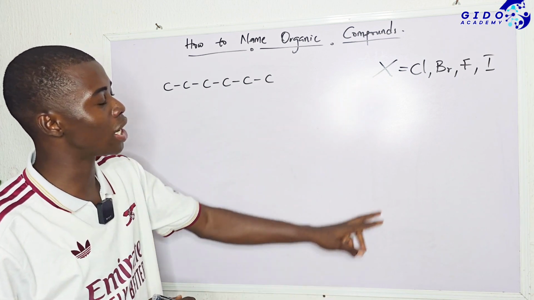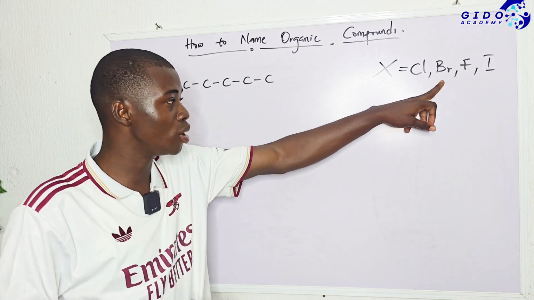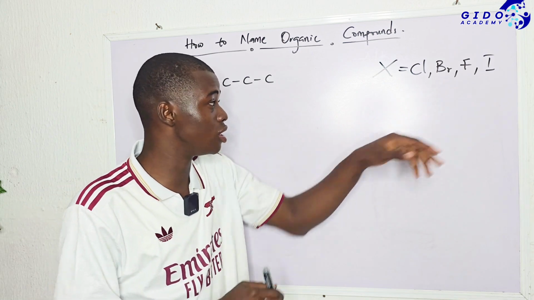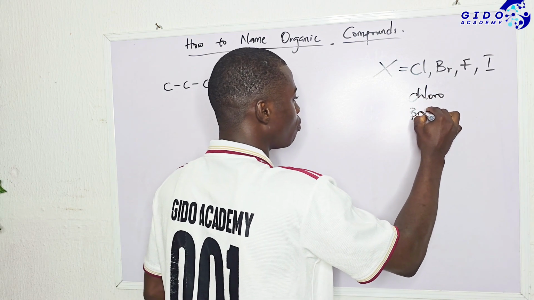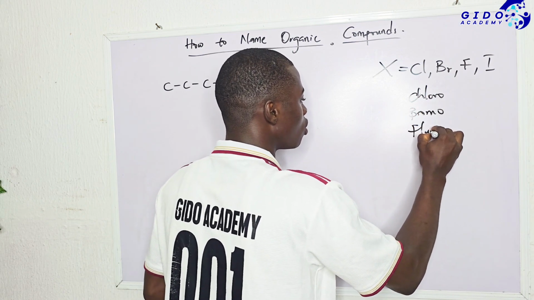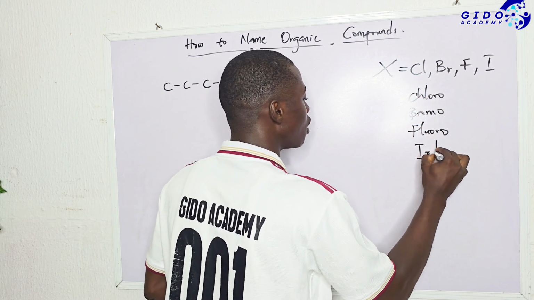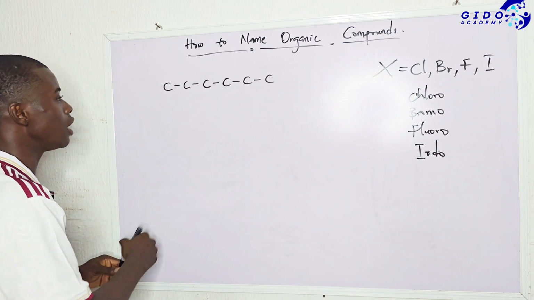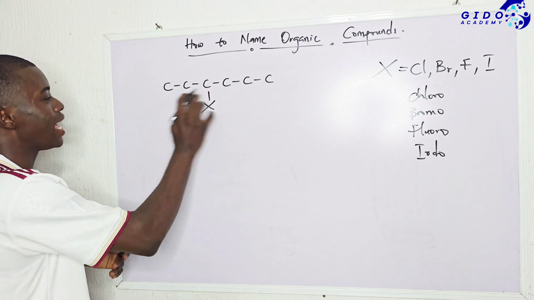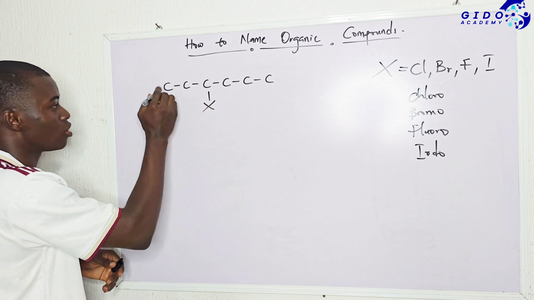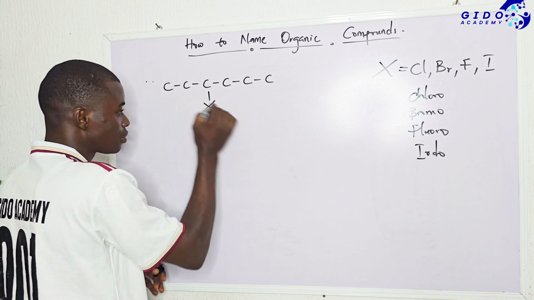In organic chemistry, you cannot call chlorine, chlorine, bromine, bromine, fluorine, fluorine, iodine, iodine. You call them chloro, bromo, fluoro, and iodo. So if you have X here, it is called alkyl halide. Alkyl halide, because this is an alkane.